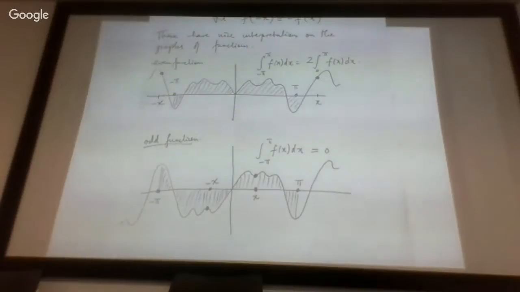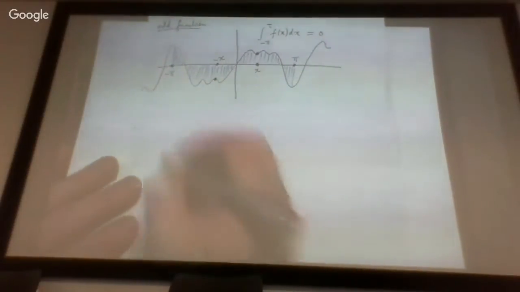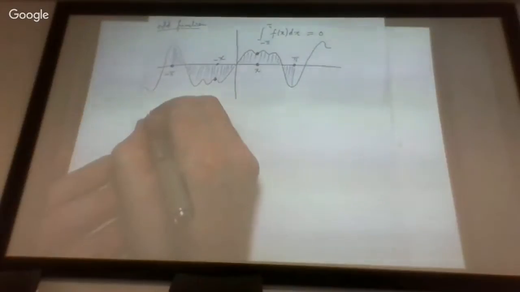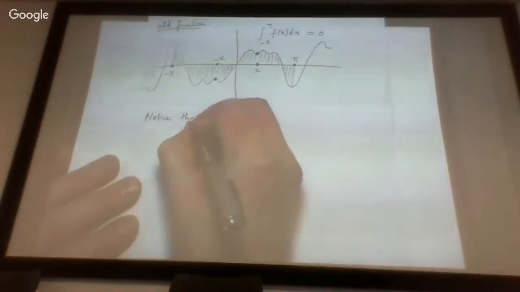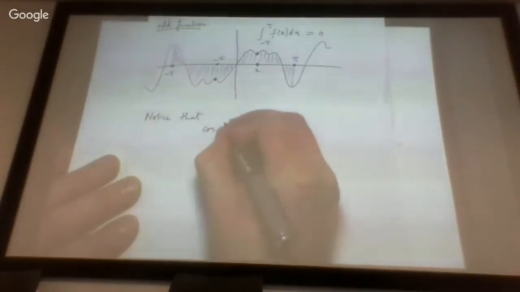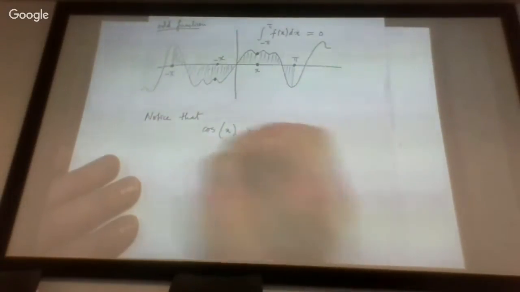So how does all this odd and even stuff relate to the sine and cosine functions? Are sine and cosine odd or even? Well, the cosine function has this property that it's even.